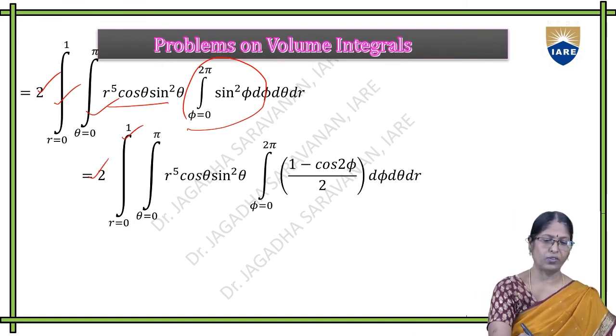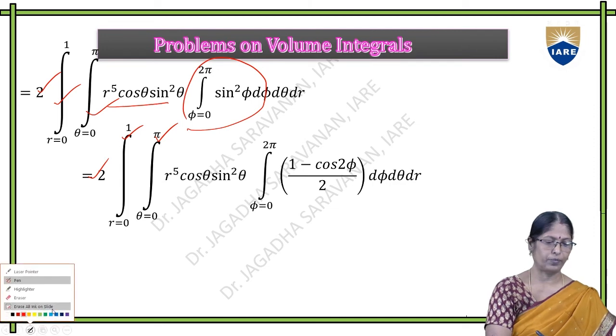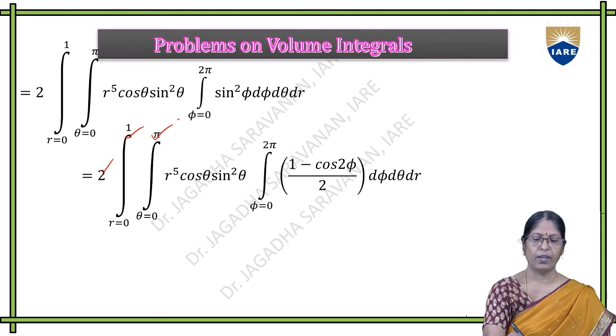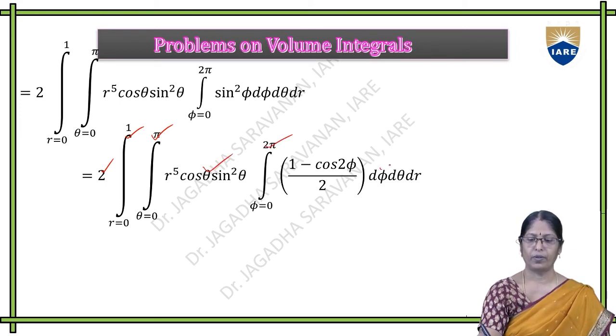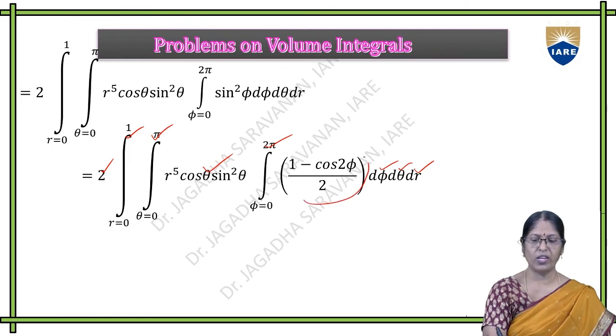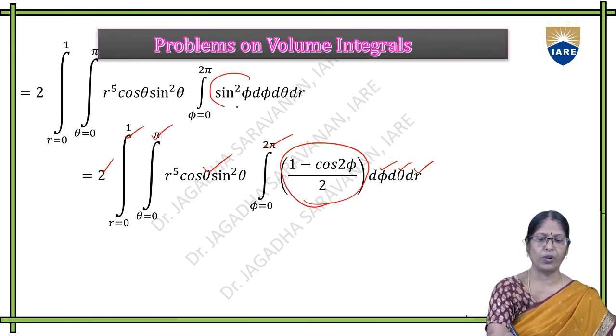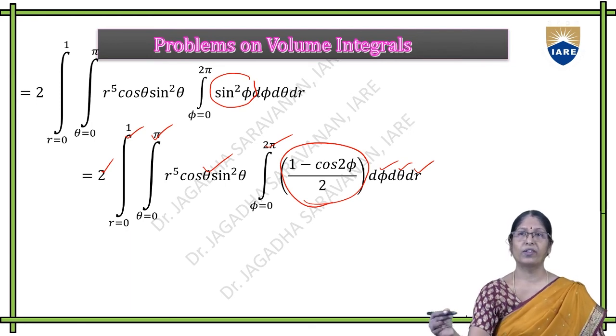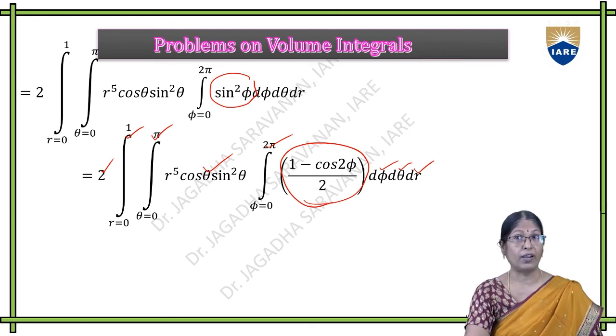Wherever I am putting the ticks, comparing with the previous step, there is no change at all. Only the change we brought is where I am putting the circle, that is sin square phi, which is replaced by our relevant formula, 1 minus cos 2 phi by 2.